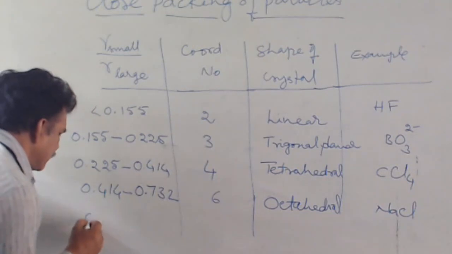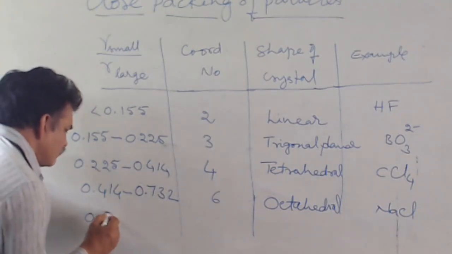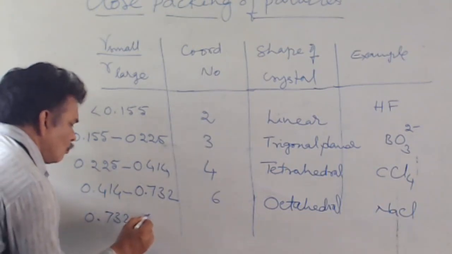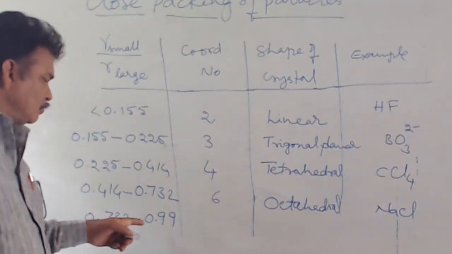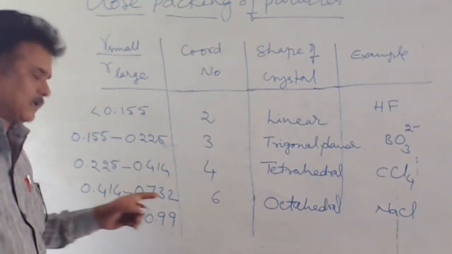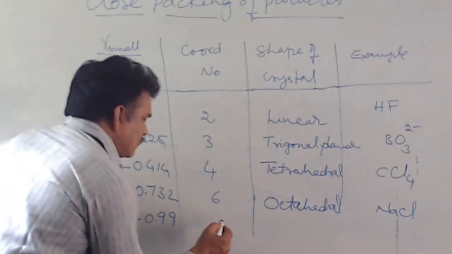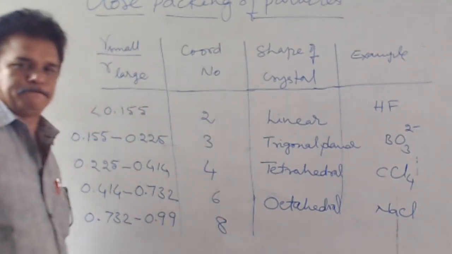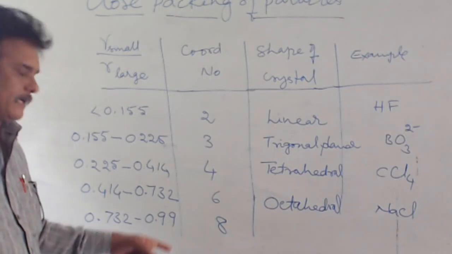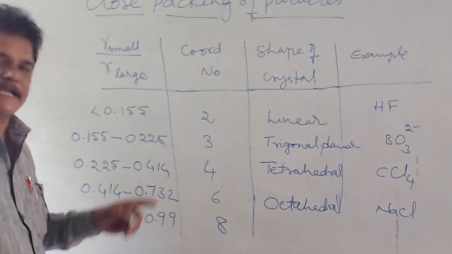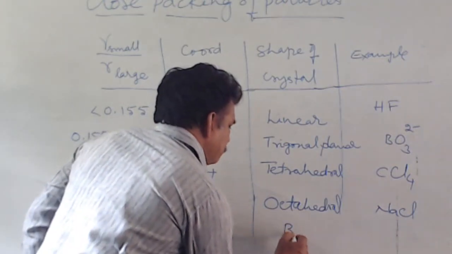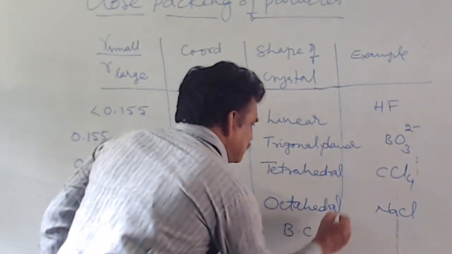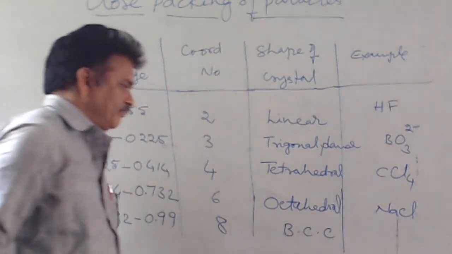And if the radius ratio is 0.732 to 0.99, then the coordination number will be 8. If the coordination number is 8, then the shape of the crystal will be BCC, body-centered cubic structure.